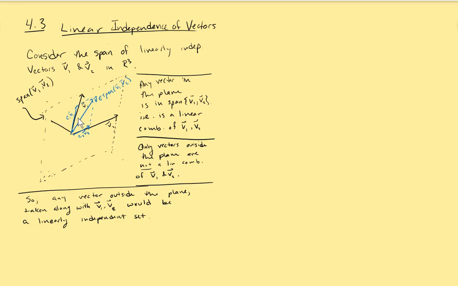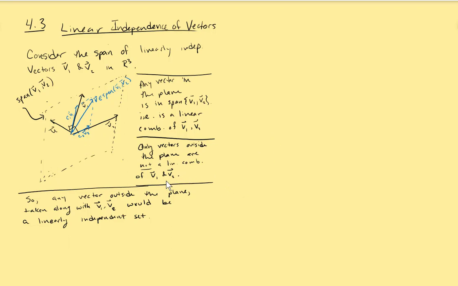Maybe here, this vector is perpendicular. Doesn't have to be, but I'll do that for depth. This vector, I'll call it u, looks like it would be pointing out of the plane, not parallel with the plane. So only vectors outside the plane wouldn't be in this span, wouldn't be a linear combination of v1 and v2.